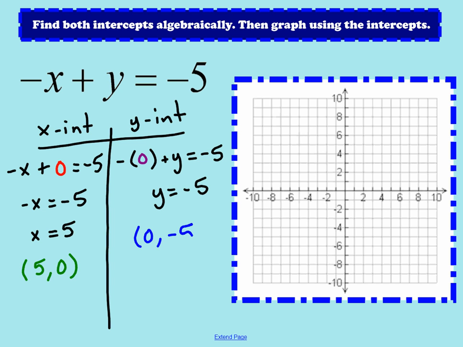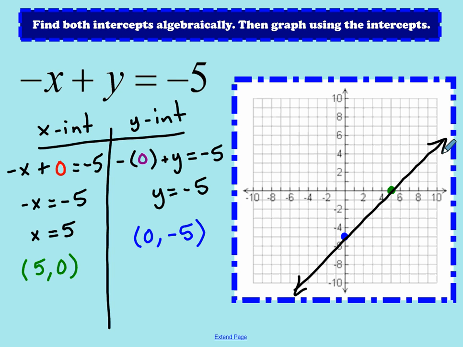I need to plot those 2 points. So 5, 0 is located right here on my graph. 0, negative 5 is located right here on my graph. I'm going to take a black line and draw that straight through both of those 2 points. You can use a ruler to do that. Any sort of a straight edge works. And I am all done with that problem.